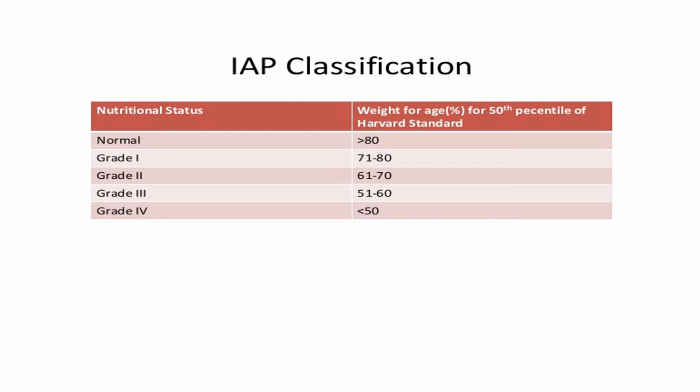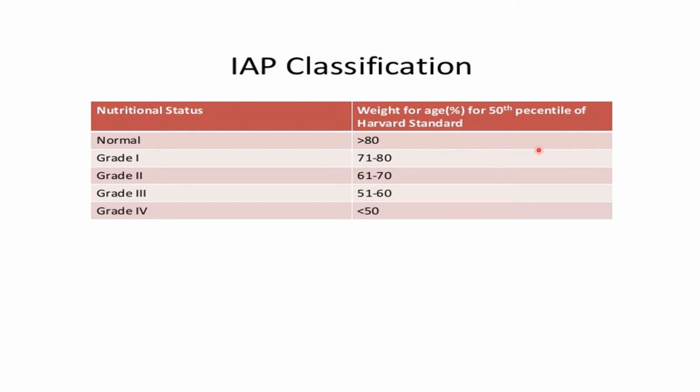Okay. And next we can see the IAP classification. This is another kind of classification through which we can assess the nutritional status of the children. In this table you can see the weight for age percentage for the 50th percentile of the Harvard standards.